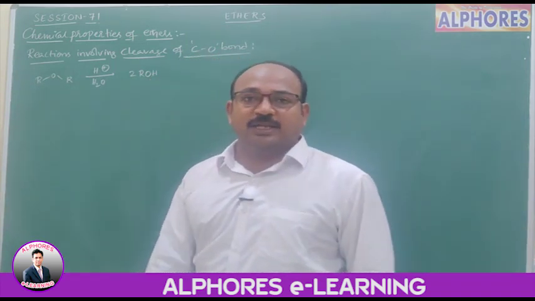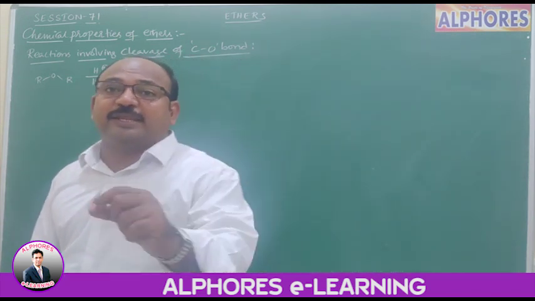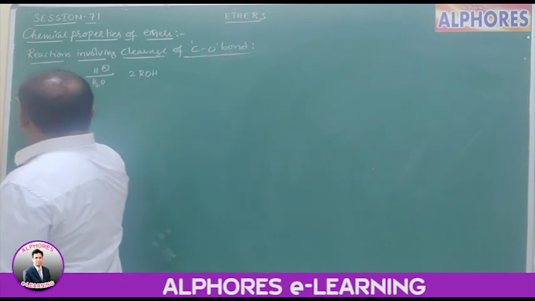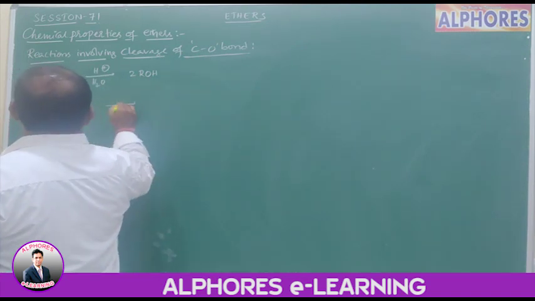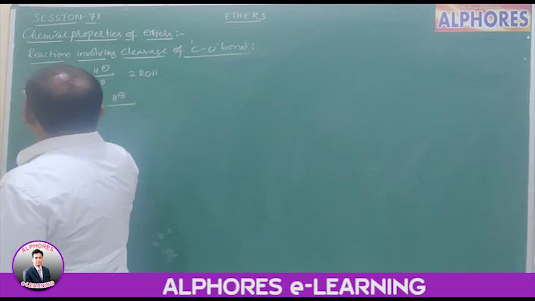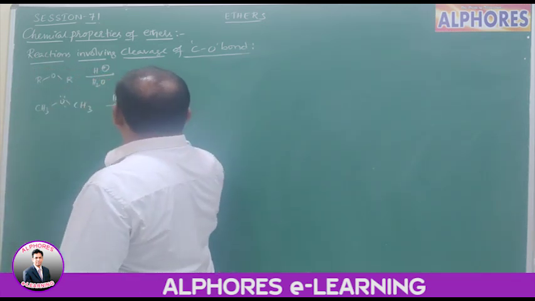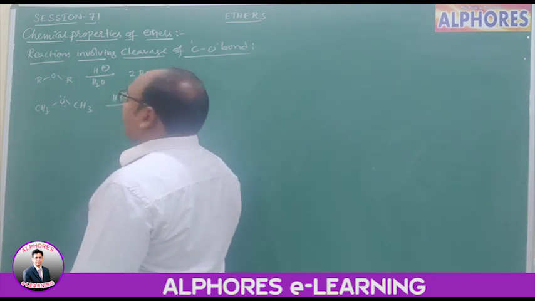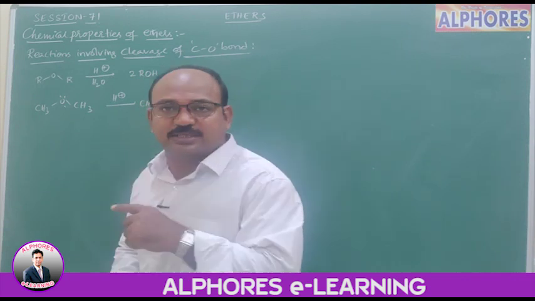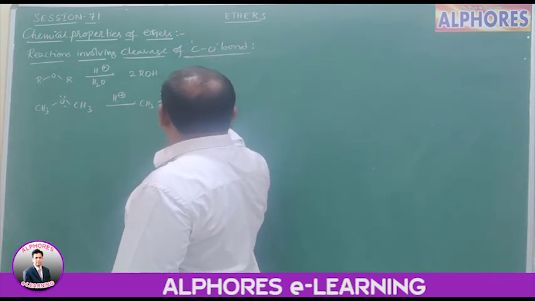ROR ethers undergo hydrolysis in the presence of acid H plus, and we get alcohol. This is nothing but the reverse of dehydration of alcohols. Alcohols upon dehydration lead to formation of ether, and now ether upon hydrolysis gives alcohols.